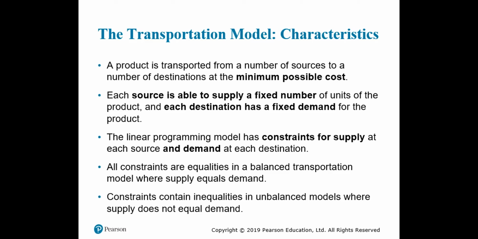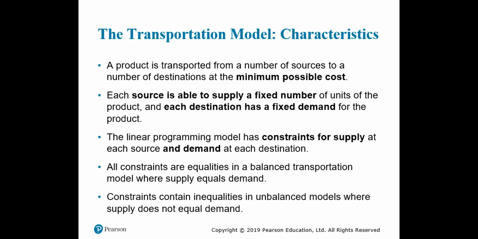For each source, there's a fixed supply, and for each destination, there's a fixed demand. So you have to transport the goods from the sources to the destinations, being aware of the demand and supply situation.